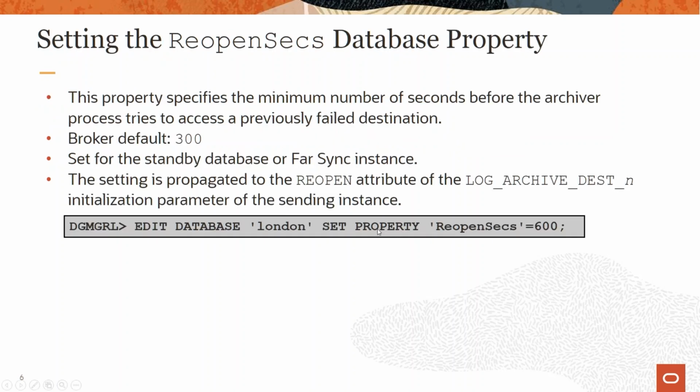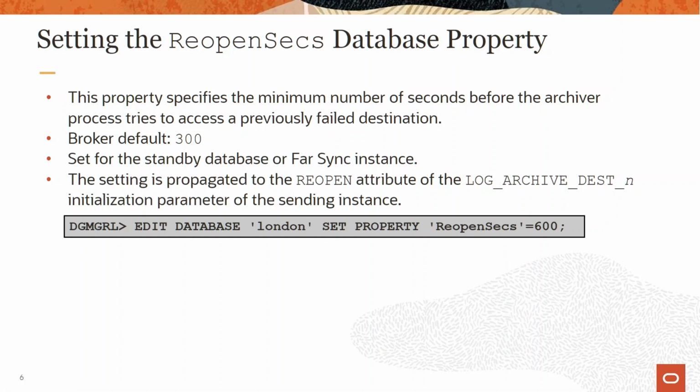And then how often do we retry to connect to a failed destination? We can set ReopenSecs. It's the minimum number of seconds before the archive process tries to access a previously failed destination.